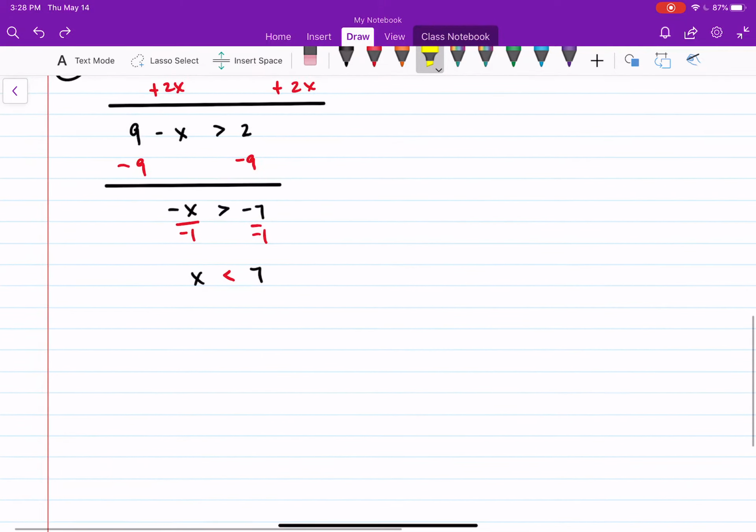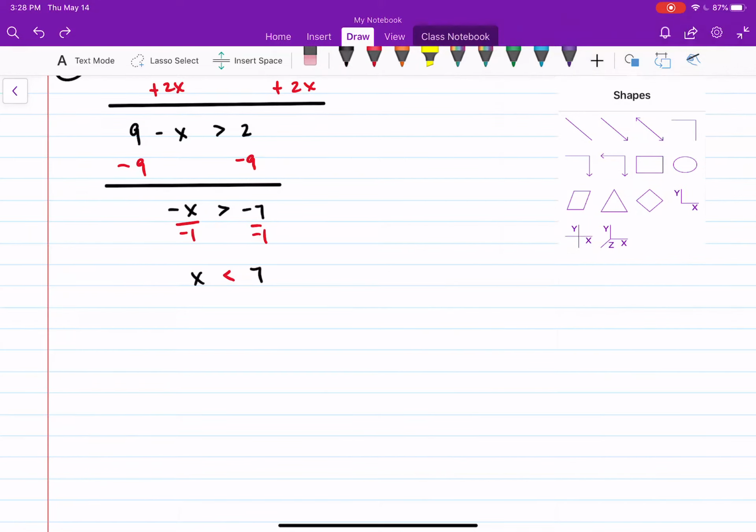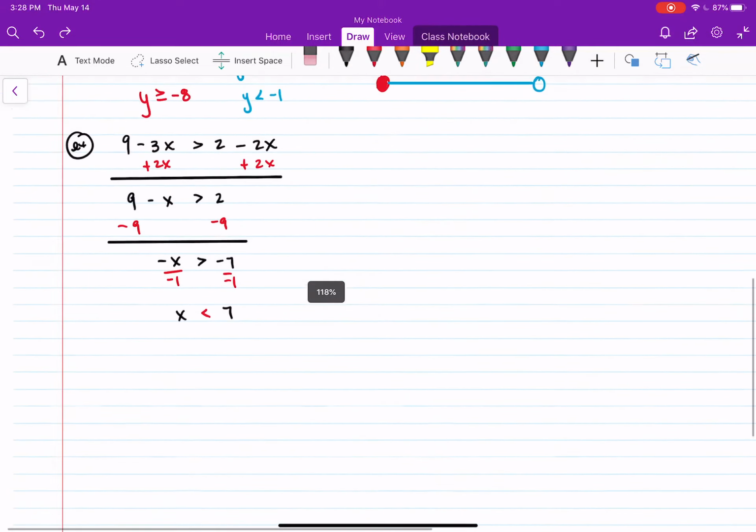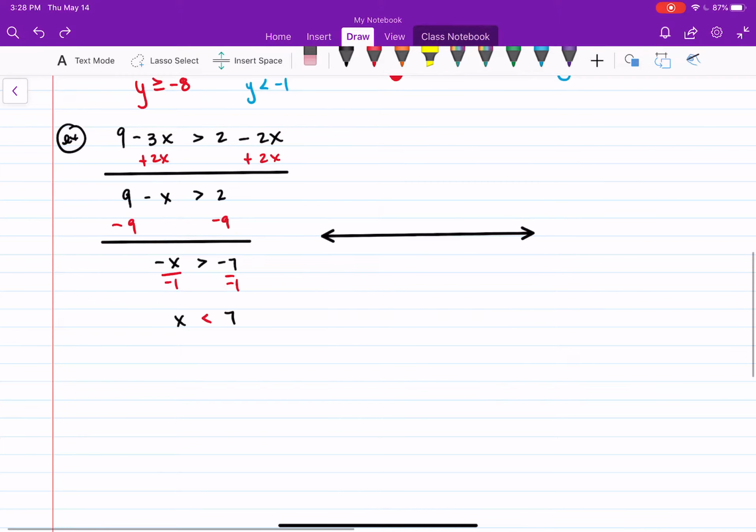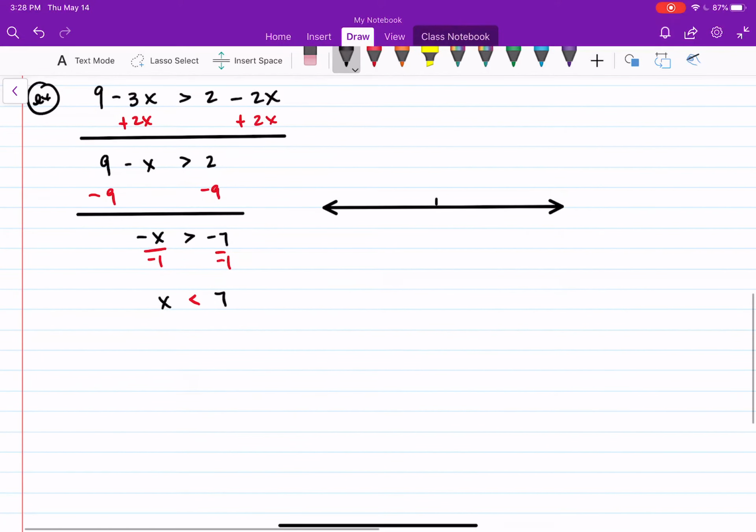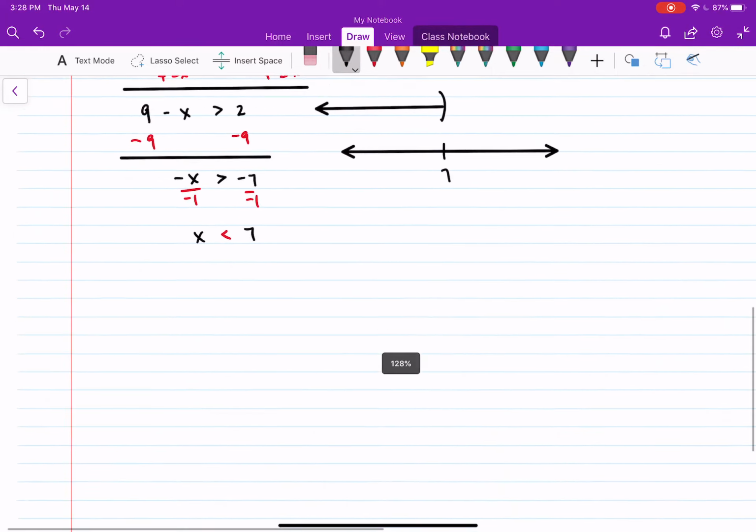So when I graph this, the graphing, I'm pretty sure it's pretty easy for you guys, which is great. So there's 7. This is an open circle, so that means we use a parenthesis. And then, boom, done.